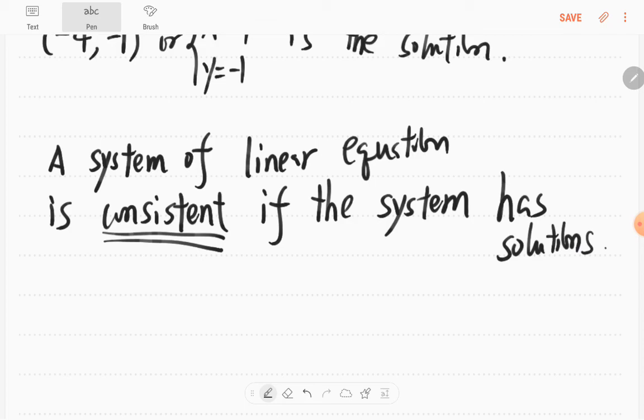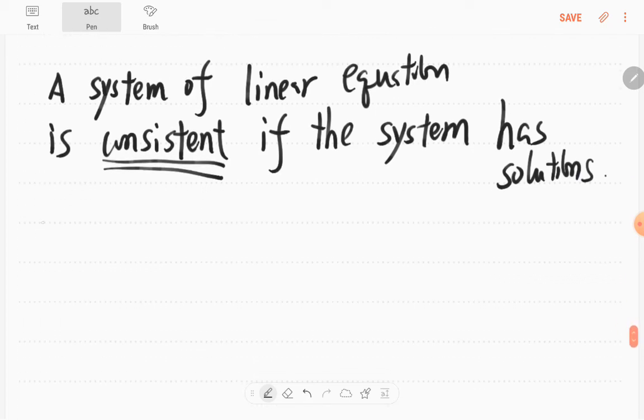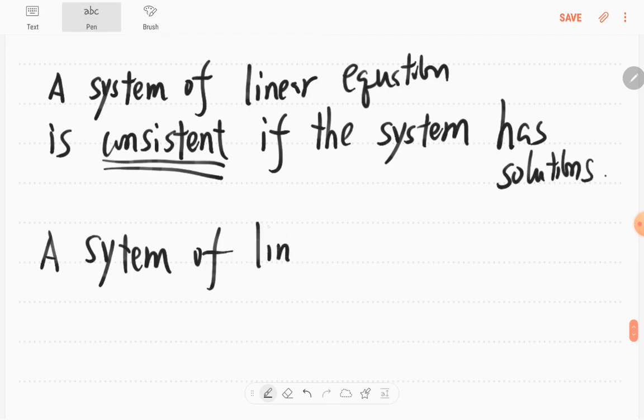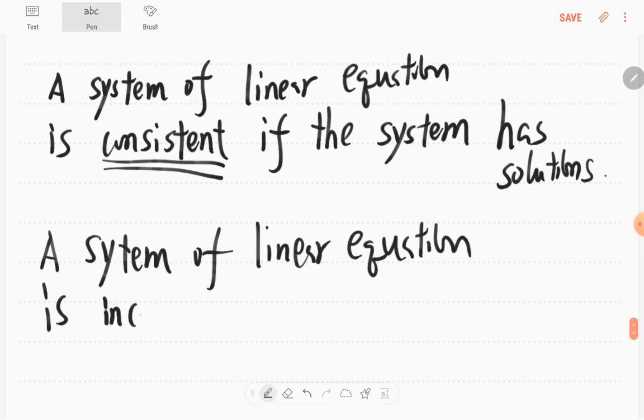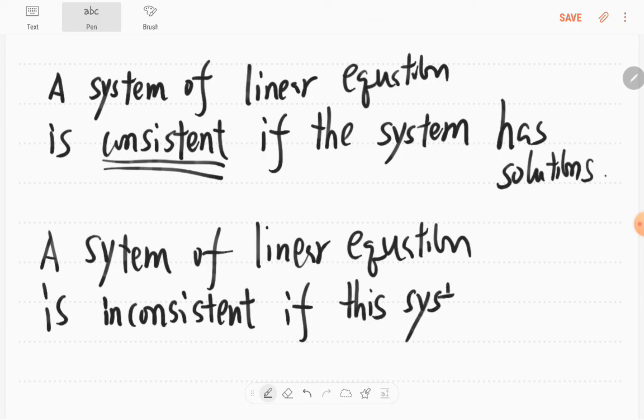Then we say the system is consistent. We say a system of linear equations is inconsistent if the system has no solution. Okay.